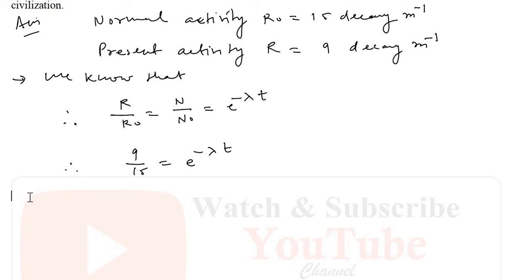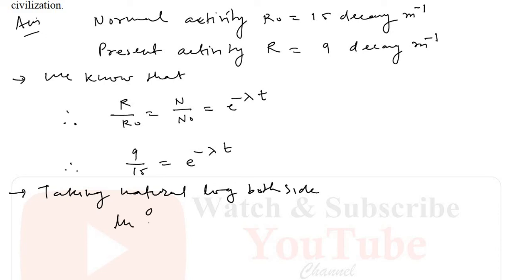Now taking natural log on both sides, we get ln 9 upon 15 is equal to ln e raised to minus lambda t. Why are we taking natural log? Because here we have e raised to minus lambda t.